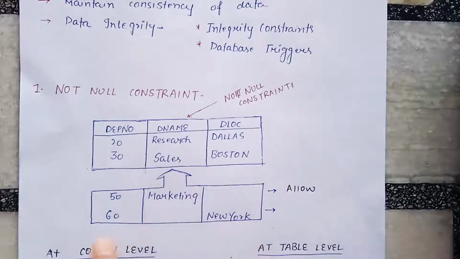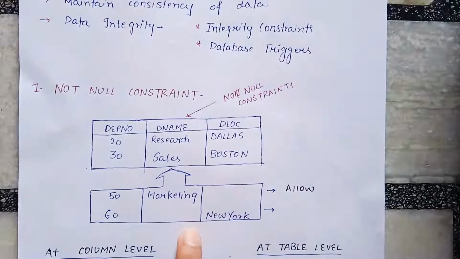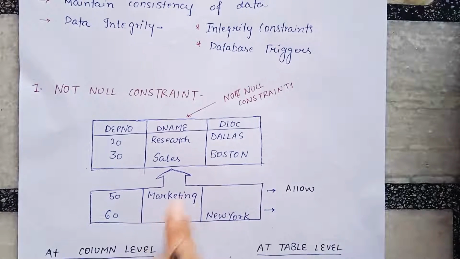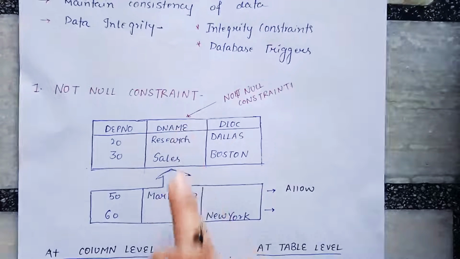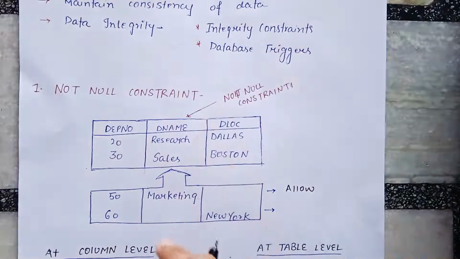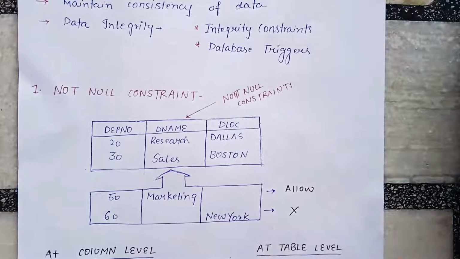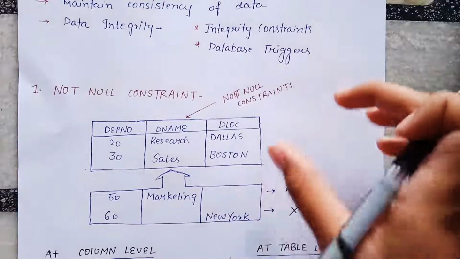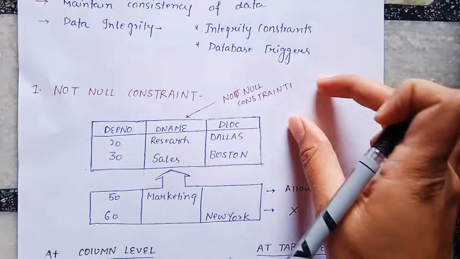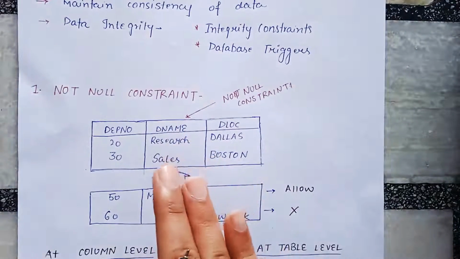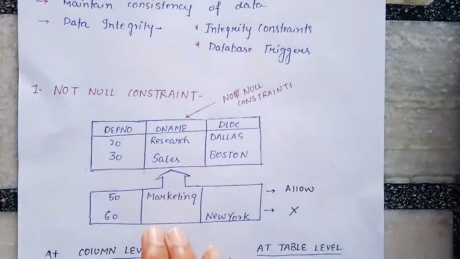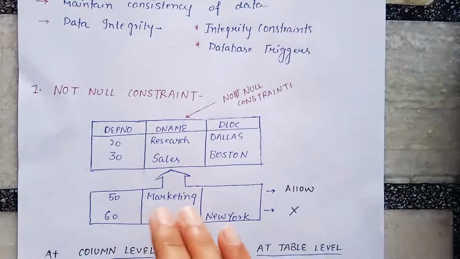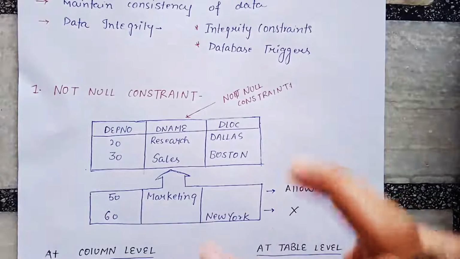Like this, if we try to enter this other record, we can see this column is null, but we have applied a not null constraint on this column, which specifies that every item in this column should be there and should not be null. So it will not be allowed, right? This is the use of the not null constraint: it restricts the column in this table from being null.